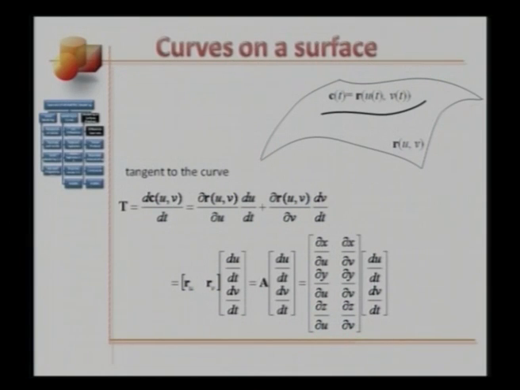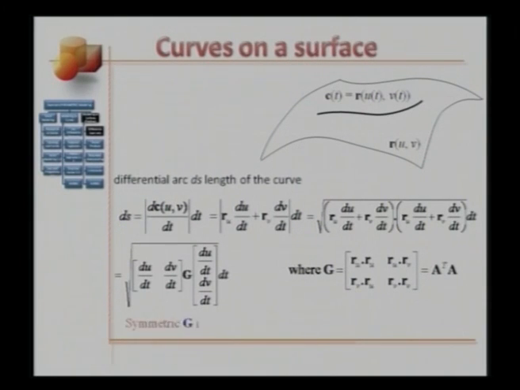Let me take you to where we described A. So this matrix A is the components of R sub u arranged in the first column and the components of R sub v arranged in the second column. If you realize, G is a symmetric 2 by 2 matrix and it is called the first fundamental matrix of the surface.